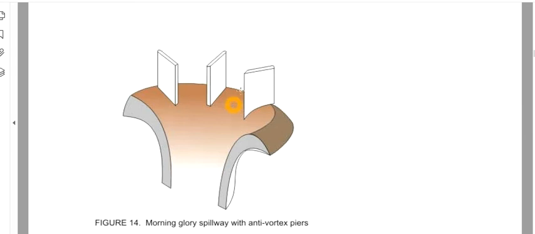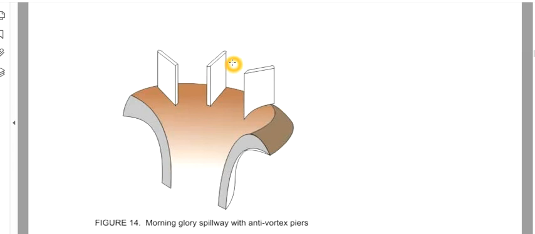These are the anti-vortex piers. If you remember in the fluid mechanics portion, we discussed vortex flow, forced vortex and free vortex. You can have an idea of vortex flow from this COVID-19 pandemic, when we are washing our hands three or four times, again and again, in the wash basin.